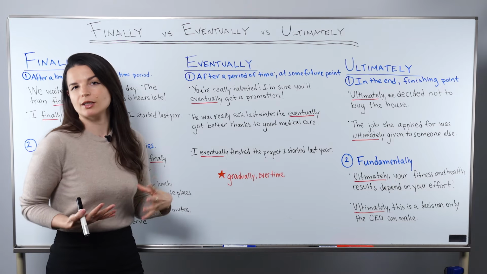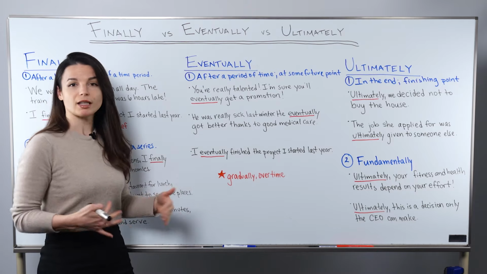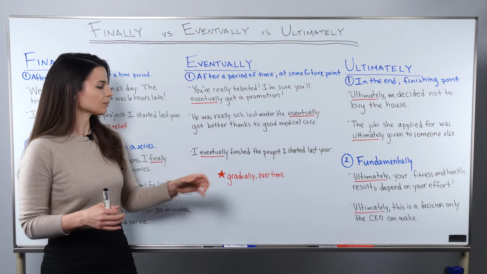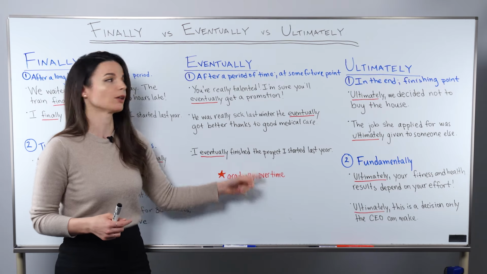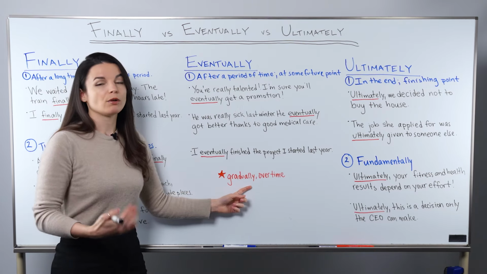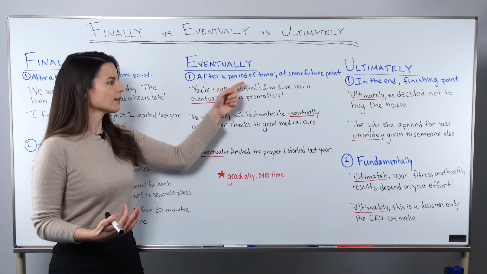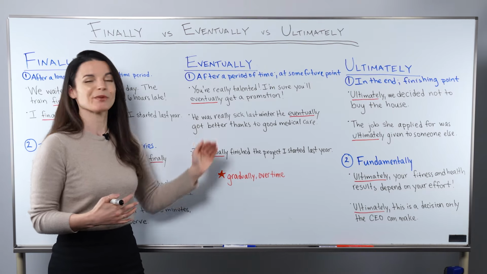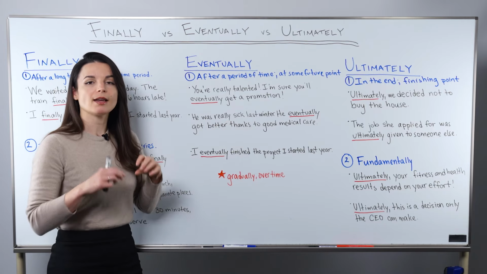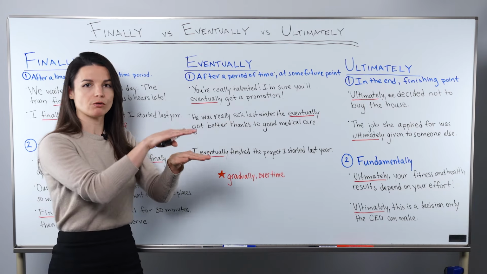So how do we understand the difference in feeling and in nuance between I eventually finished the project I started last year? I have a key word here for eventually. So a feeling that you can think of with eventually is that these example situations refer to things that happen gradually over time.